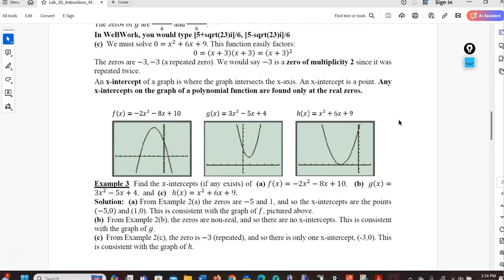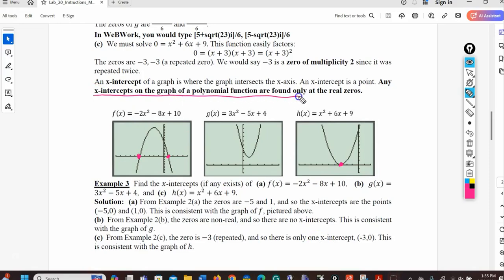Now we come to x-intercepts. An x-intercept is where the graph of the function intersects the x-axis. You can see this one has two x-intercepts. This one does not have an x-intercept because the graph does not intersect the x-axis. This one only had one x-intercept at -3. Now here's the important point.